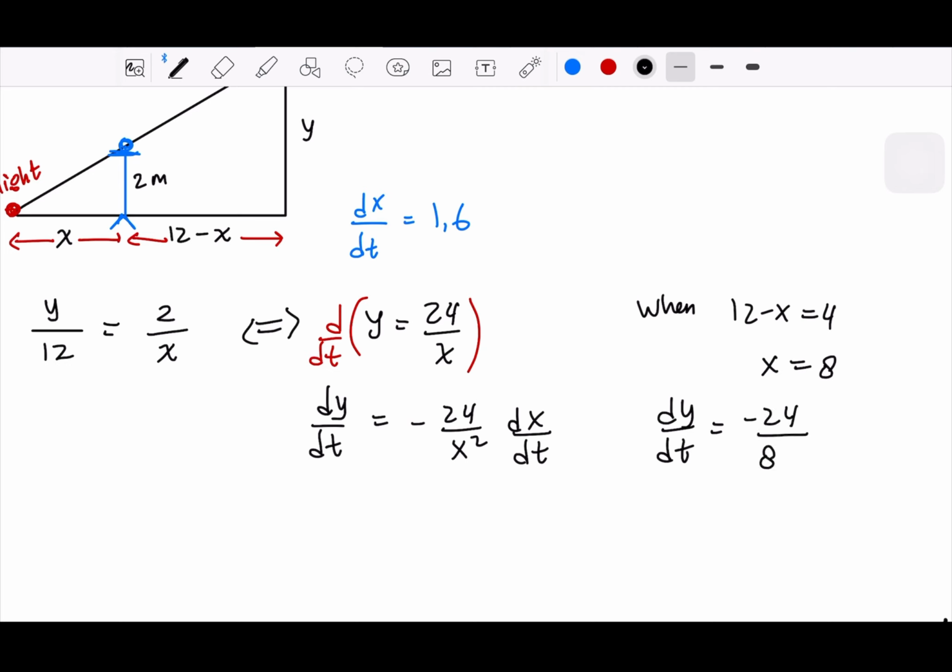This will be 8 squared, right? And dx over dt is 16 over 10, so we can cancel this out. So we have 6 over 10. So it's negative 0.6. The negative means it's decreasing, okay? Decreasing 0.6.